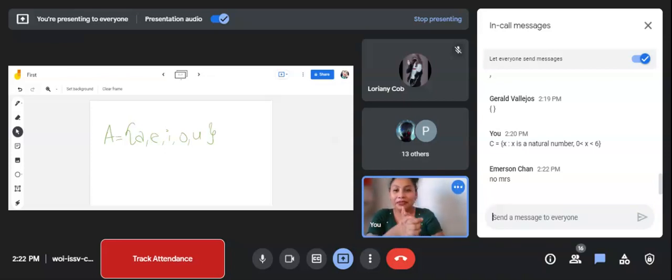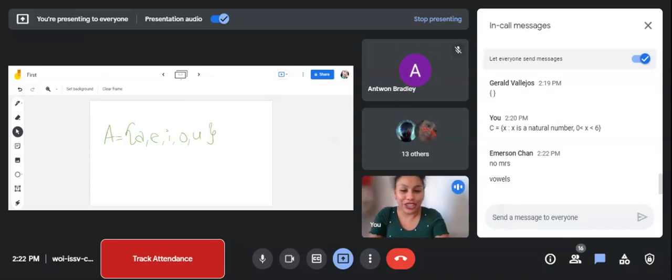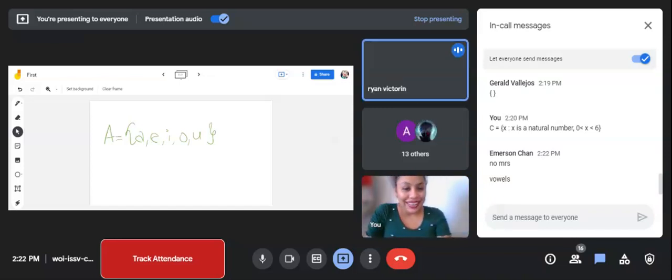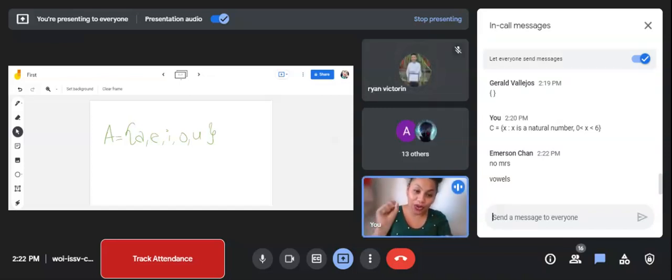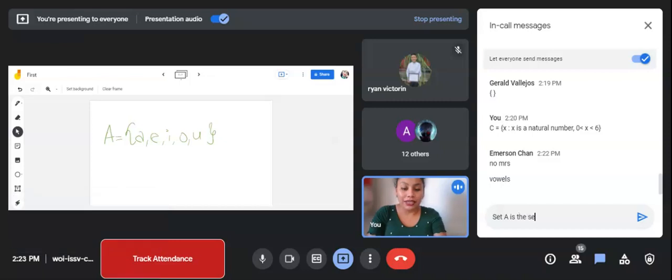What is AEIOU for you? Vowels. The list of the vowels in the English alphabet. So when I write it in a descriptive form, I'm going to write that set A is the set of all the vowels.